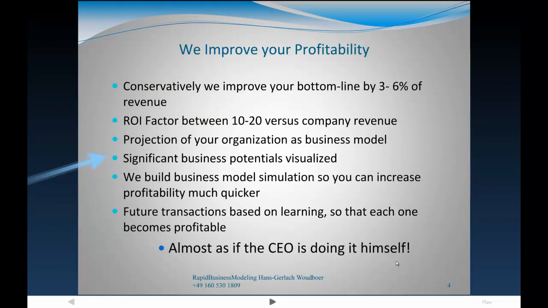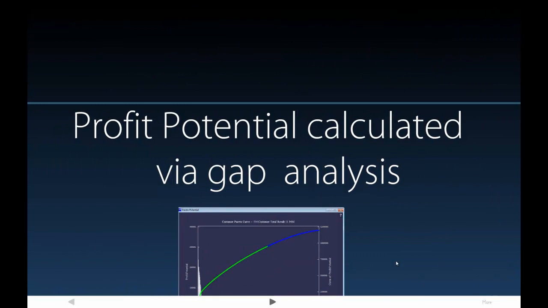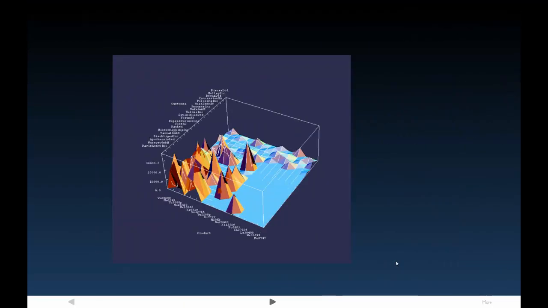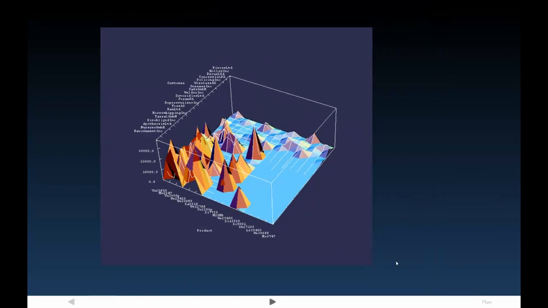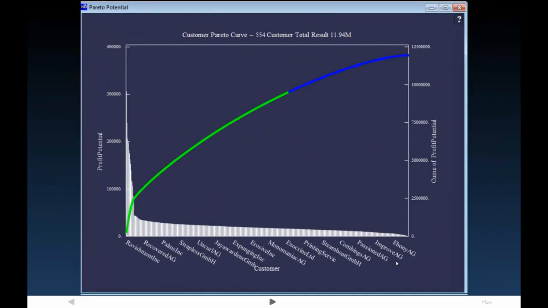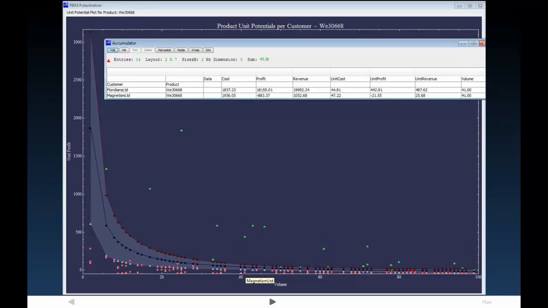So we show significant business potentials, and we do this by a special systemic analysis. So we run this and we can show you the potentials. Here's the essential potentials for the product customer combinations based on those models. And here you see the Pareto for the customer potential. When you click on those you get all the details, and here you see actually the gap analysis.